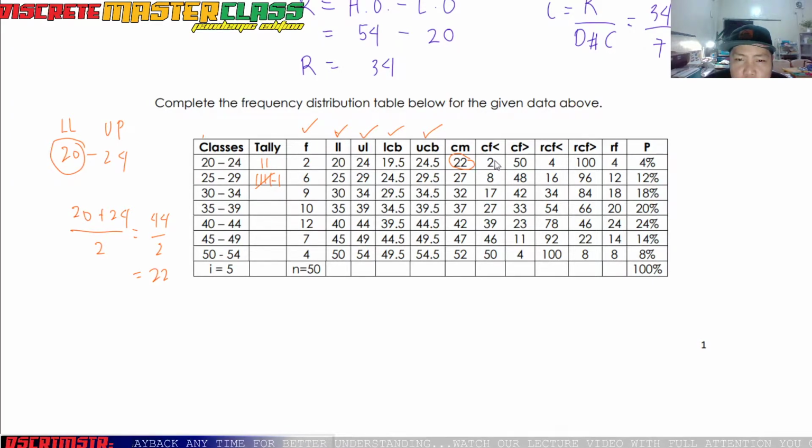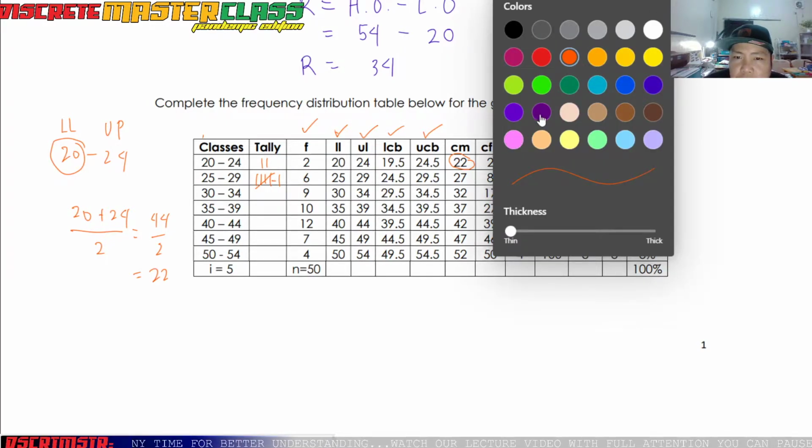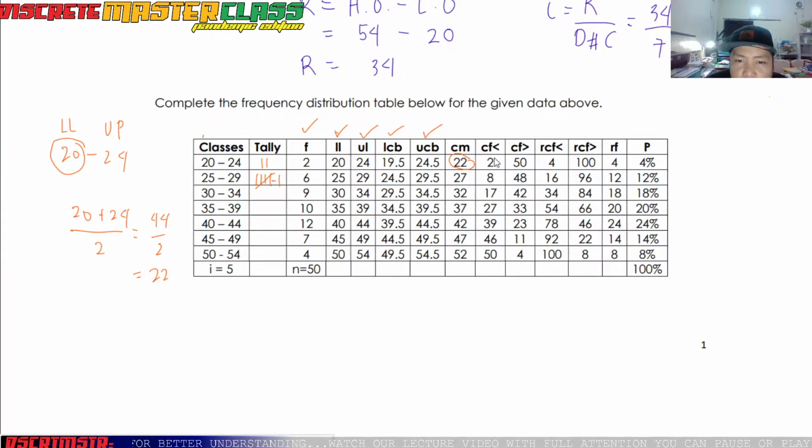Yung 2 na to, tsaka yung 6 na to, i-add mo. So, 2 plus 6 is 8. So, ito na yon. Yung 8 na to, tsaka yung 9, kaya tinatawag na cumulative frequency.